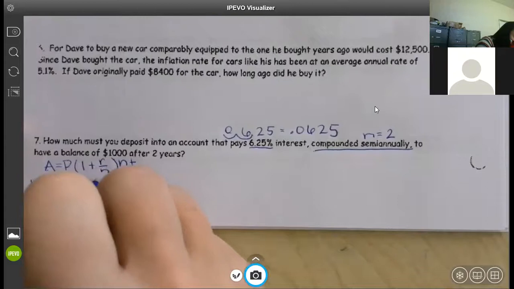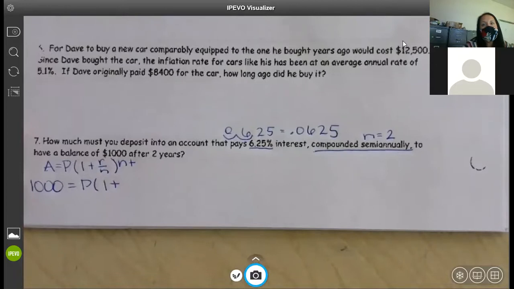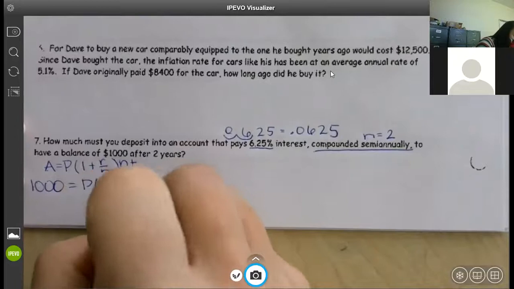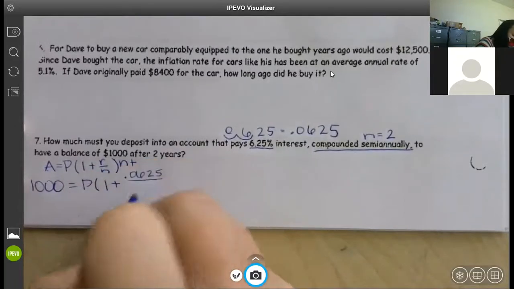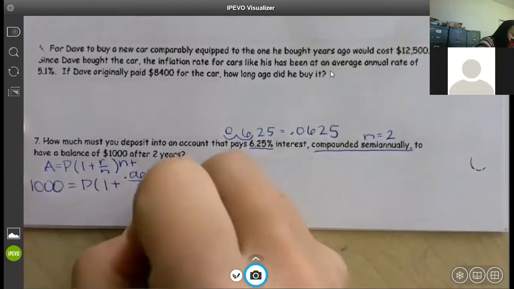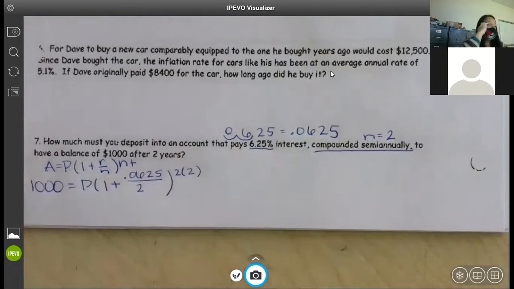We don't know P. 1 plus, what was our rate? Our rate is 0.0625. How many times a year are we doing this? 2. 2 times a year, and then it says after 2 years. So the N and the T on both of these problems have been the same. They won't always be like that.